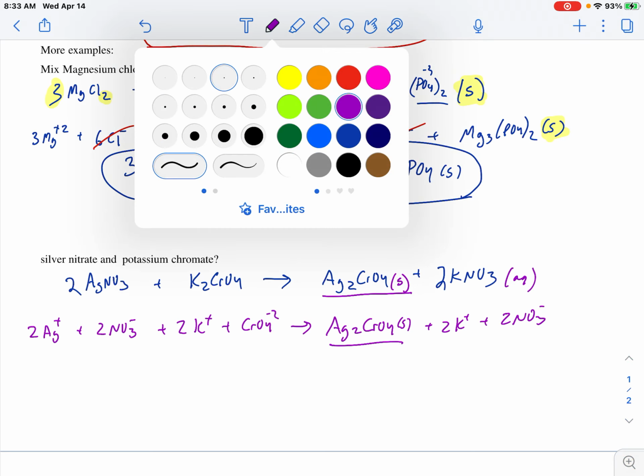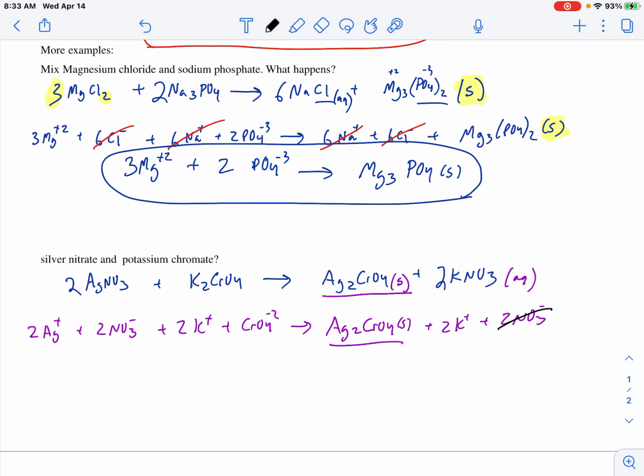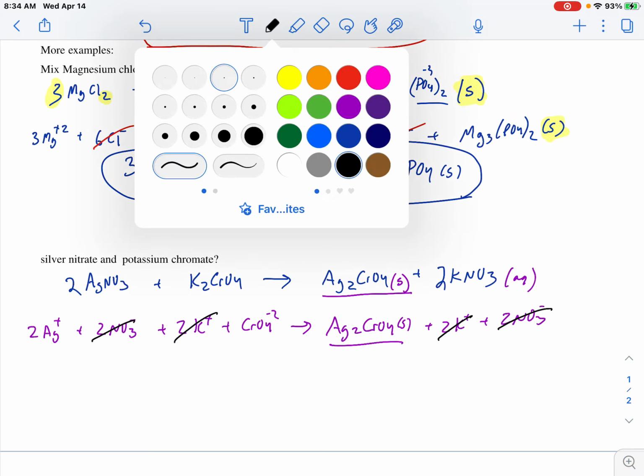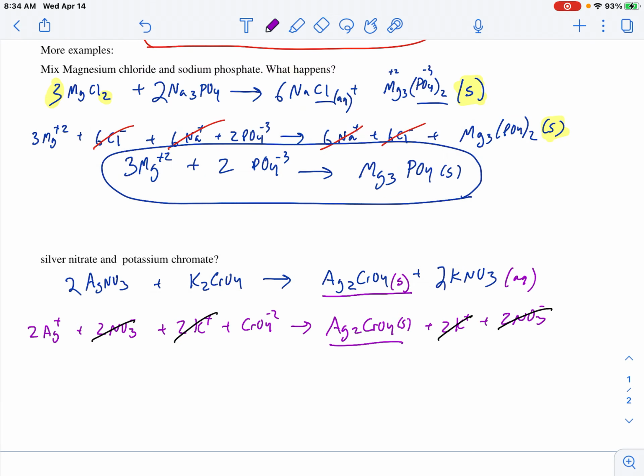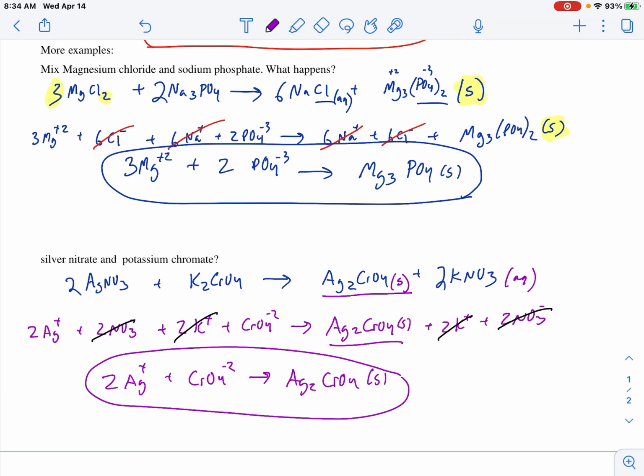Let's cancel. And let's rewrite. And that's how you write a net ionic equation.